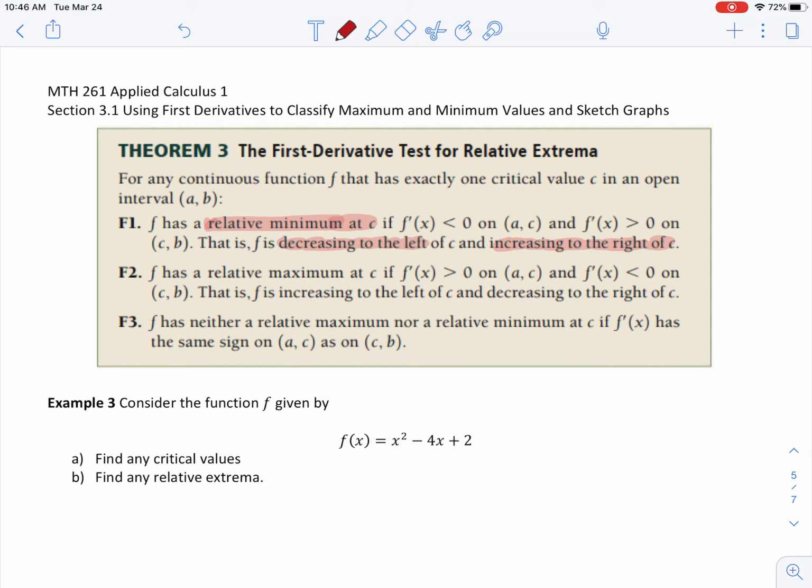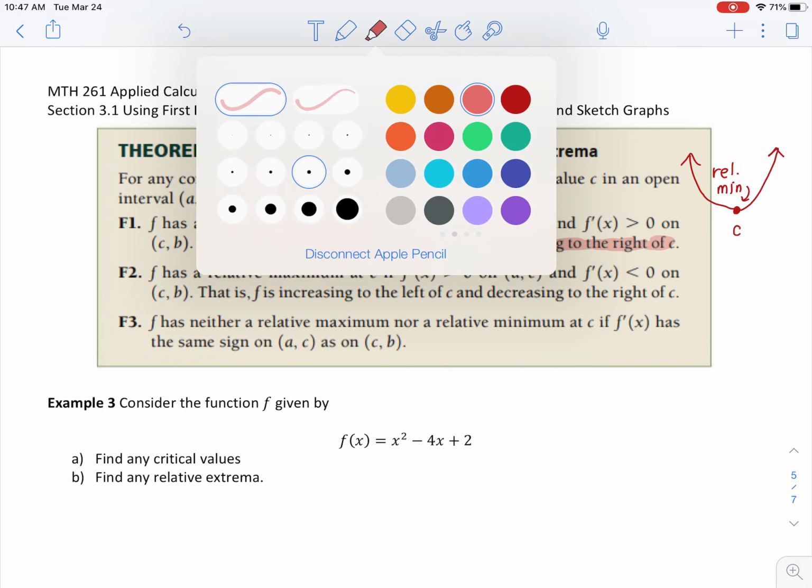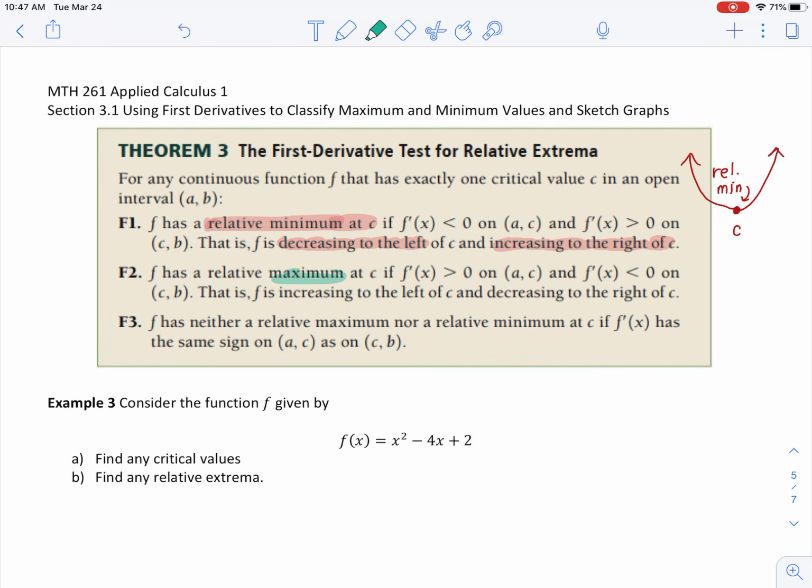So let me draw a picture for you. Let me say this is your C. If it's decreasing, going down from left to right to C, but going up to the right of C, then we call this a relative minimum. The second case, number 2, we call a relative maximum.